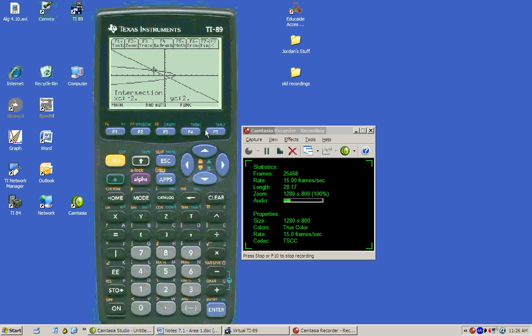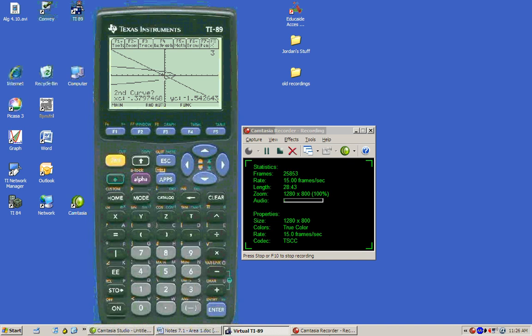Okay, so to find the other point of intersection, I need to go to F5 again and number 5. And just make sure you're to the left of that second point of intersection. Hit enter. All right, now when I hit enter, it bumped me up to the wrong curve. Your up and down arrows will move you between the 2 curves. So if you down arrow, now you're down on that negative square root equation.